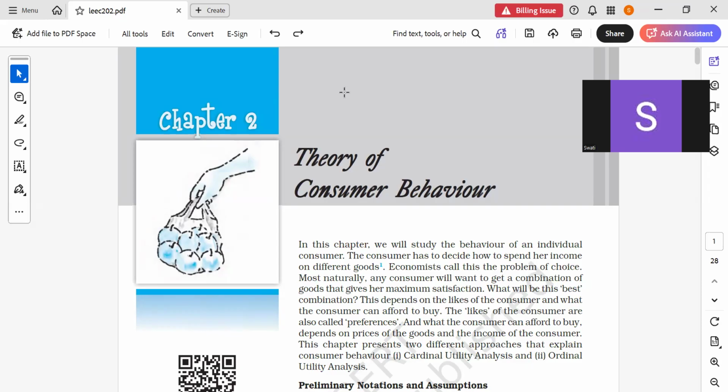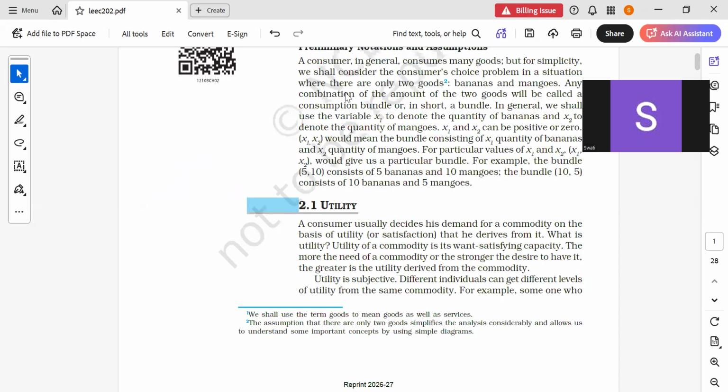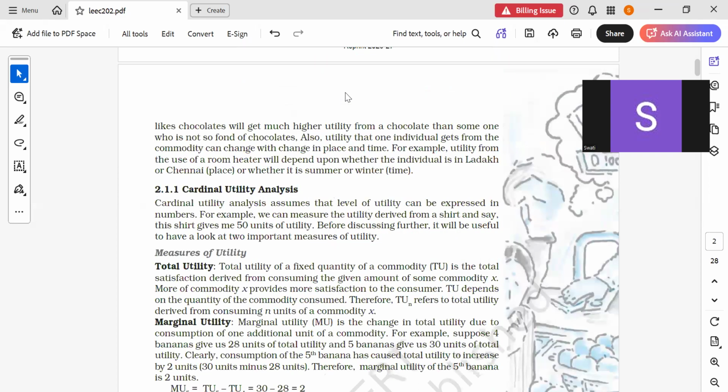In the last video, we started this chapter and we studied the behavior of the individual consumer. We saw the two different approaches that explain this consumer behavior. One is the cardinal utility analysis, and the second is the ordinal utility analysis. Then we talked about the cardinal utility analysis, where it is assumed that the level of utility can be expressed in numbers.